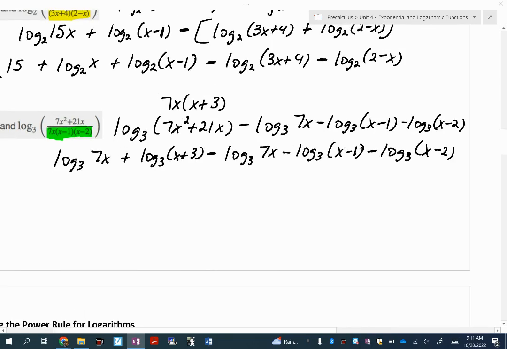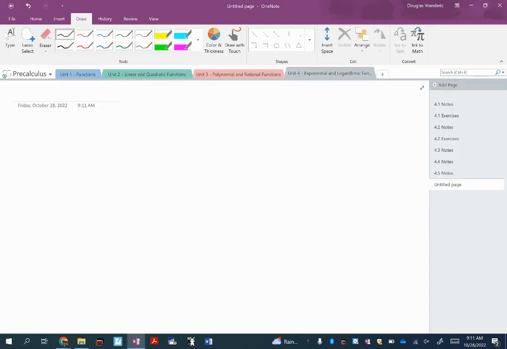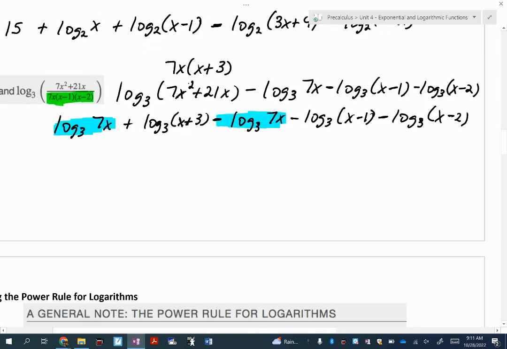Now I've got a couple things that I can split up, but if you look at this, it says the log base 3 of 7x, and that says minus the log base 3 of 7x. That's just going to make 0. Sorry about that. I am not going to expand that when it makes 0.